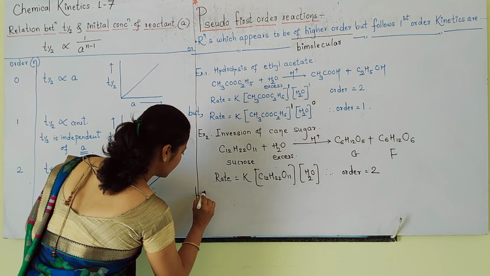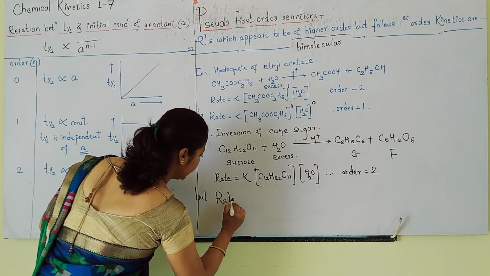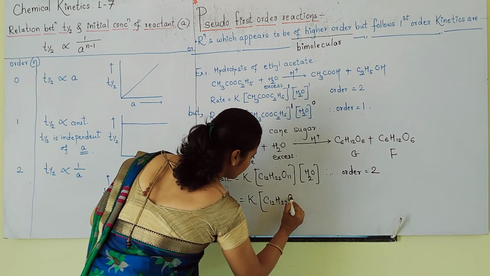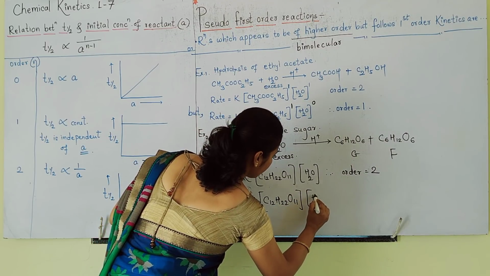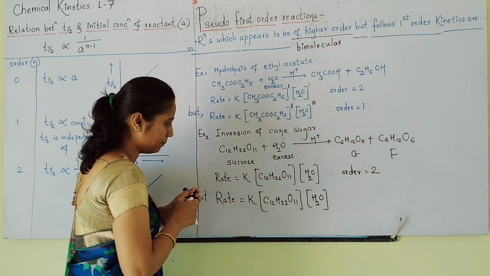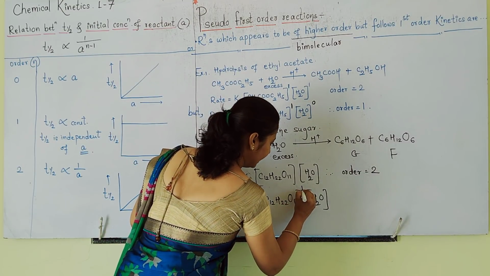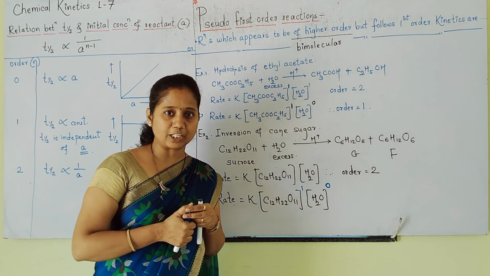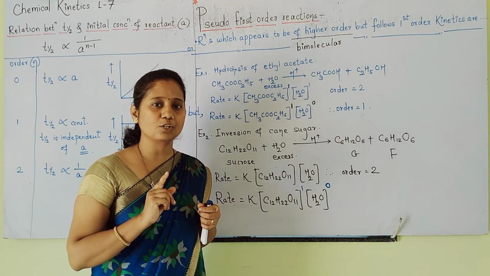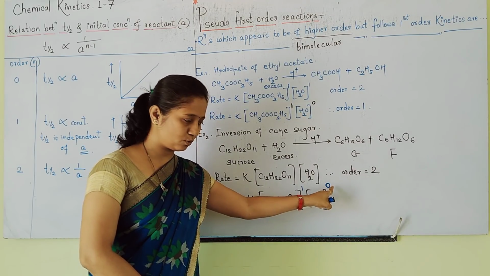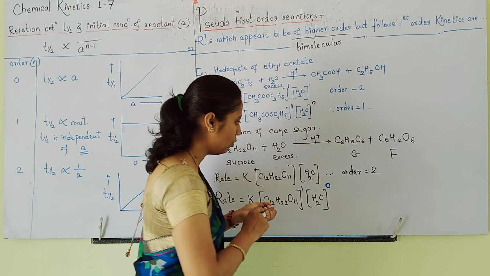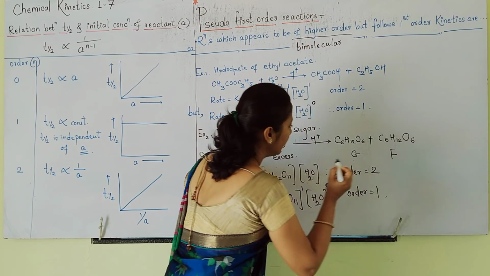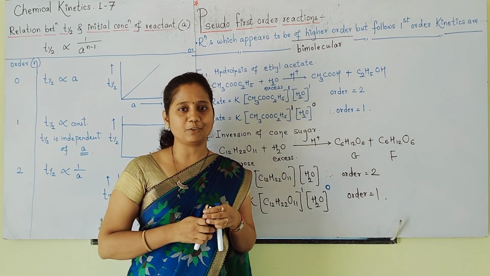But actually, whenever the experiment is performed and the rate law expression is written, we come to know that it is 1 only, but water is constant. There is not much change in the concentration of water. So the concentration of water is taken as constant. So water is raised to 0, and that's why 1 plus 0, order becomes 1. Like this, you should explain any one example, whichever you feel easy.